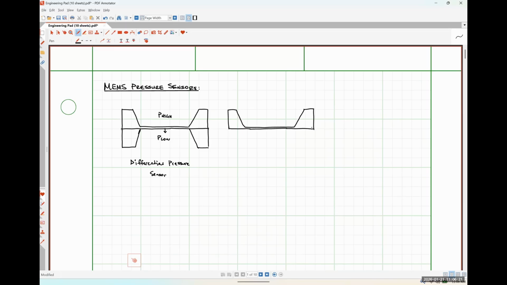So there's my wafer with my membrane and all of that kind of stuff. And then I might have another wafer with a chamber like so.